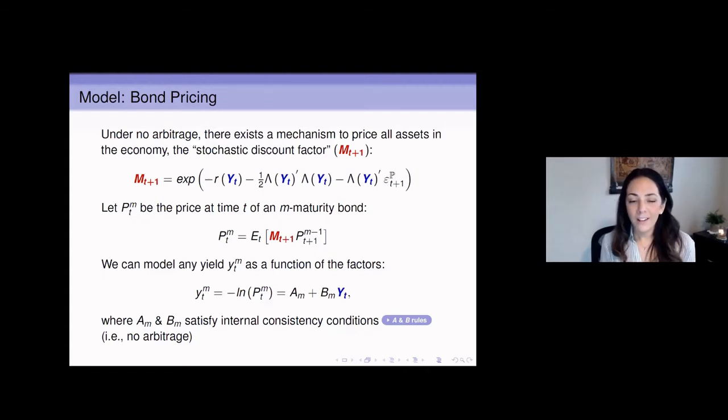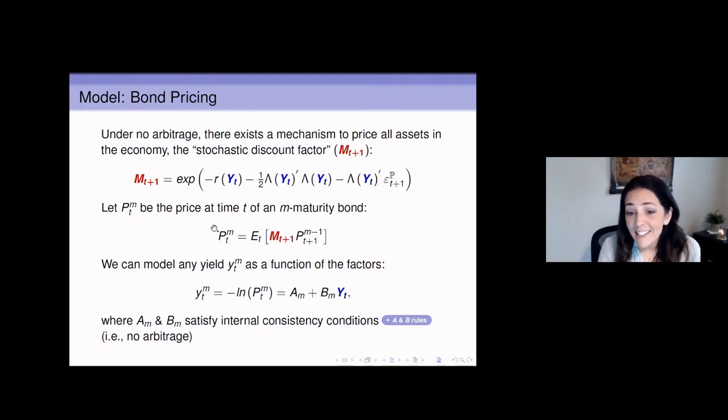And this is quite convenient because in macroeconomics, you need to make a lot of assumptions to get some estimates of the stochastic discount factor in terms of technology and preferences, and we don't need any of this. All I'm giving the model is yield curve factors or interest rate factors, and it's giving me this stochastic discount factor with this functional form.